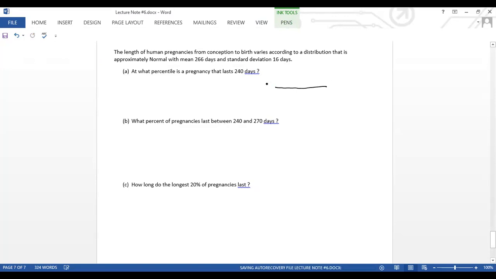Okay, so what is that here? Let's try to graph it. Now my center mean is how many? 266 days. Correct? Okay, so then they say, what is the percentile of a pregnancy lasting 240? So where is 240? Here is 240.